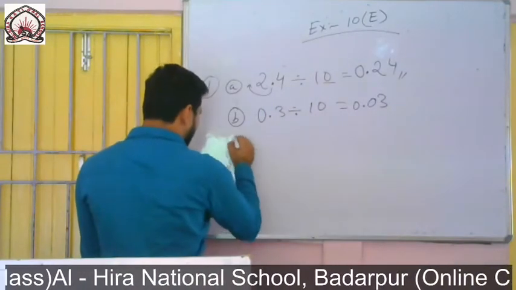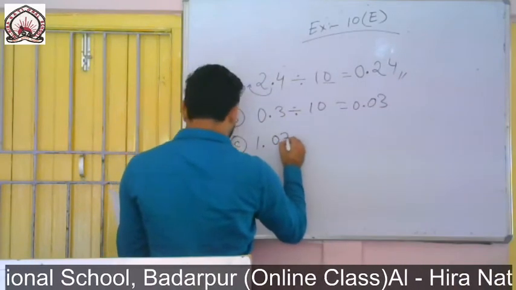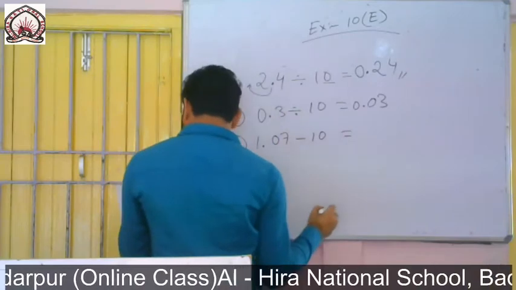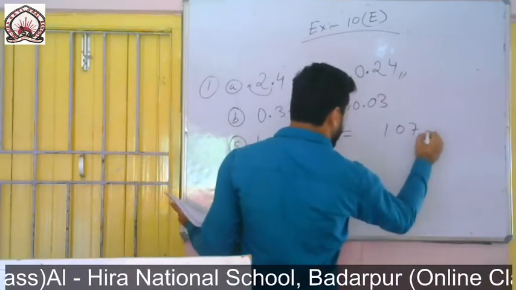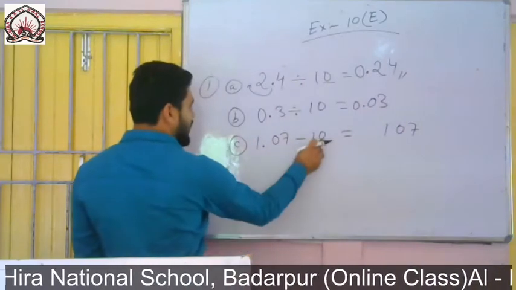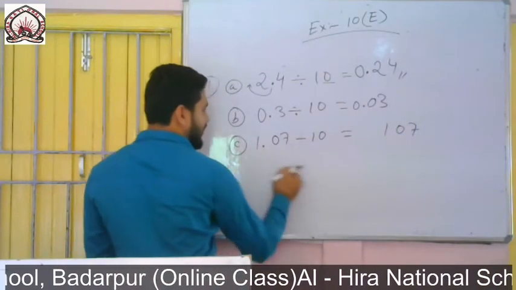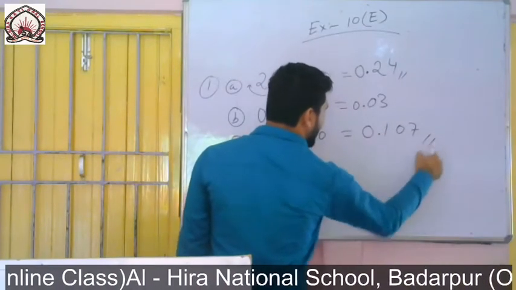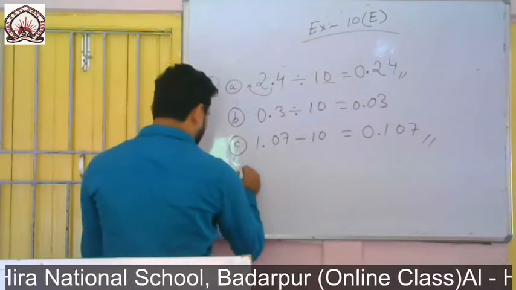Now come to C. 1.07 divided by 10, you write 107 first. Then you see 10, so the decimal will shift here, like this, 0.107.